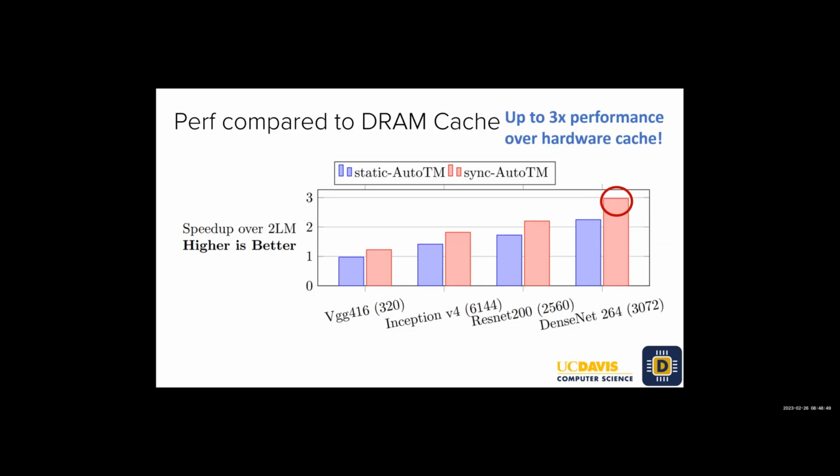What we can see is that for more complex CNNs like DenseNet, we get up to 3x performance over a hardware cache by managing this data movement ourselves. And this is even in the case of synchronous AutoTM, which was doing stop the world, move your data, and then start the world again. There's no overlap between data movement and computation in this case, and we were still able to get 3x performance. If we had some hardware help, we might be able to overlap data movement and computation, but we didn't look at that in this work.